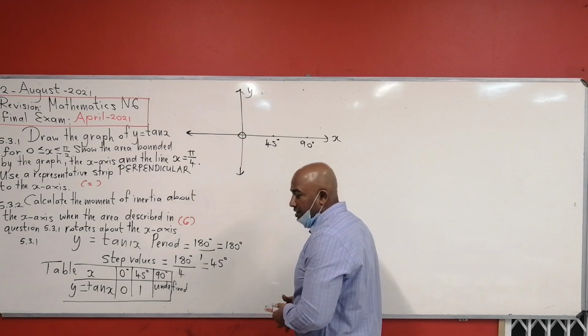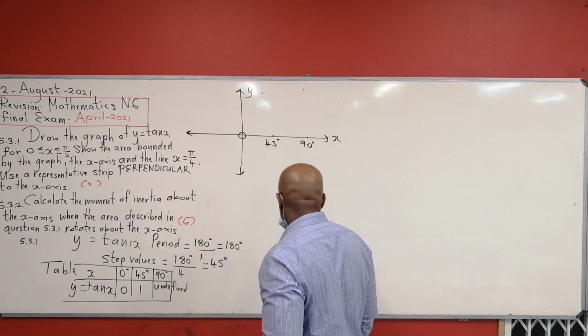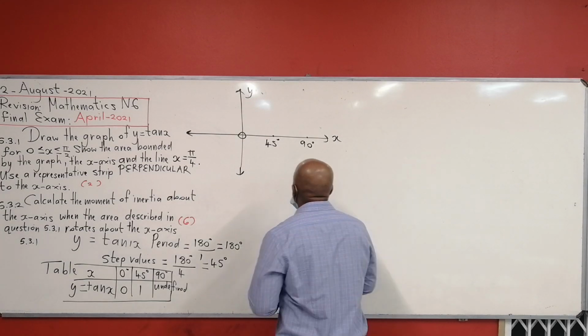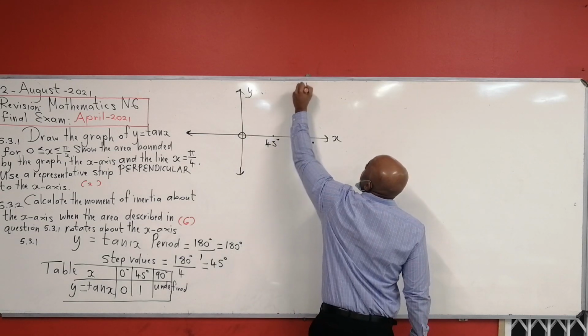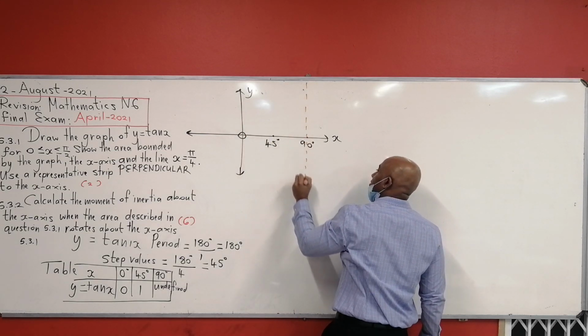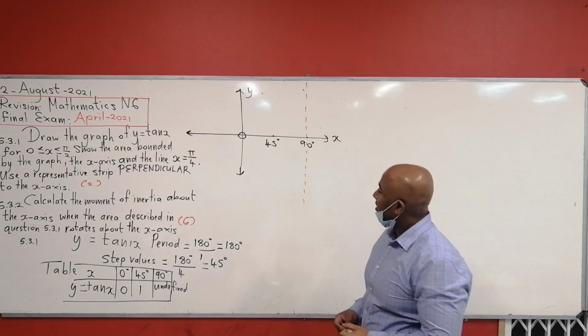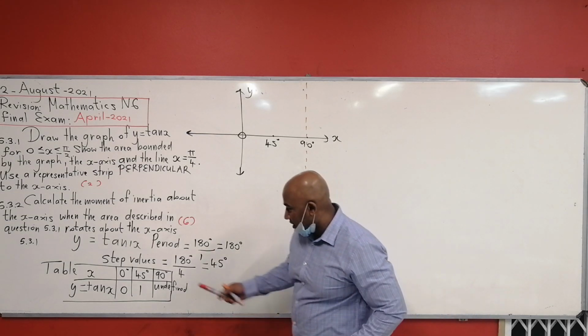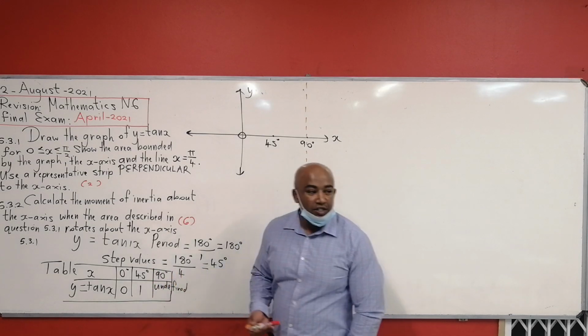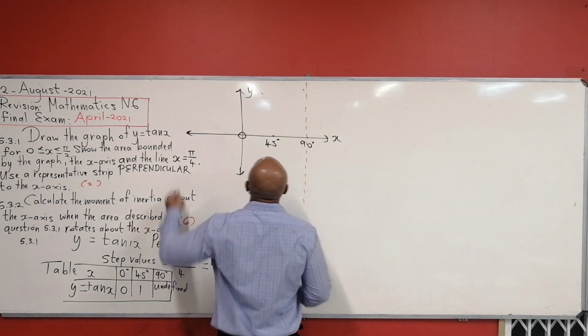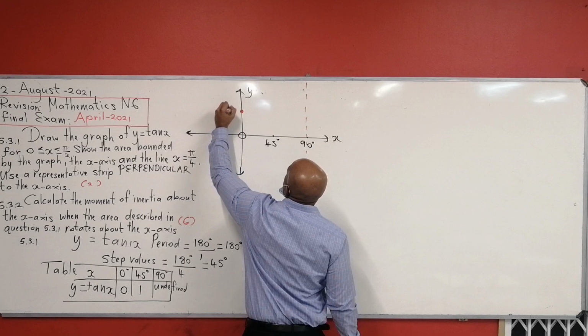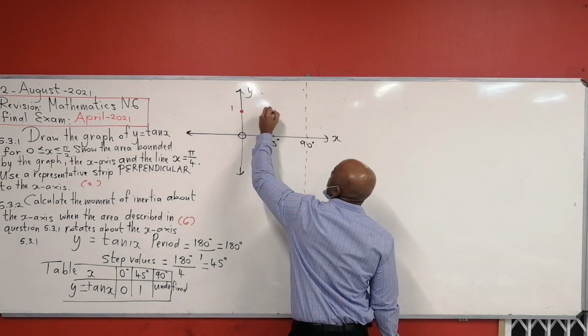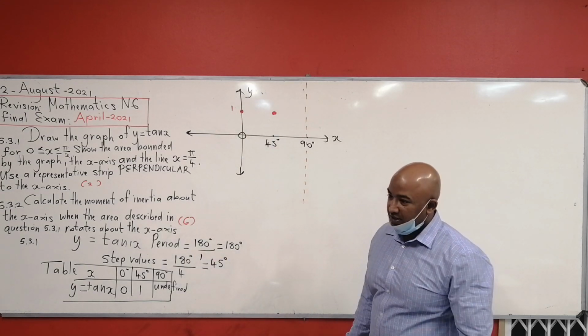Okay, your asymptotes. So there's your asymptote at 90 degrees. Now we know that at 45 degrees, we reach 1. So there is my 1 here. So there's 45 degrees and 1, those are your coordinates.